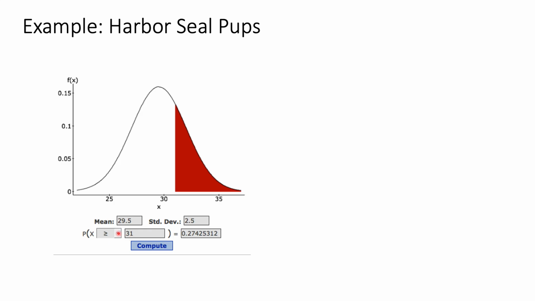Now notice there's a drop-down menu here, so if it wasn't set at greater than or equal to, you need to use the drop-down menu to switch the inequality. And that gave us a probability of 0.274. So the probability that x is greater than or equal to 31 is 0.274.